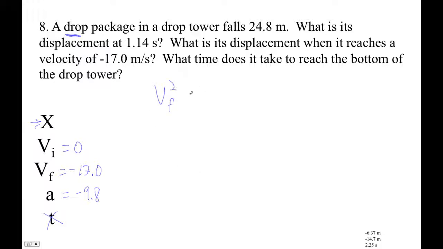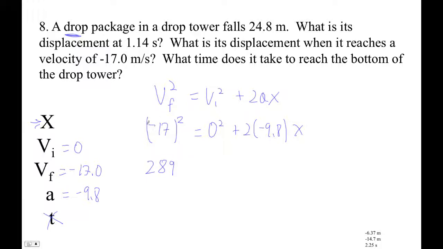Vf squared is Vi squared plus 2ax. So it's negative 17. You got to put the parentheses in your TI calculator. Squared is equal to 0 squared plus 2 times negative 9.8 times x. Okay, so 17 squared is 289. If you get a negative number at that point, you forgot the parentheses.